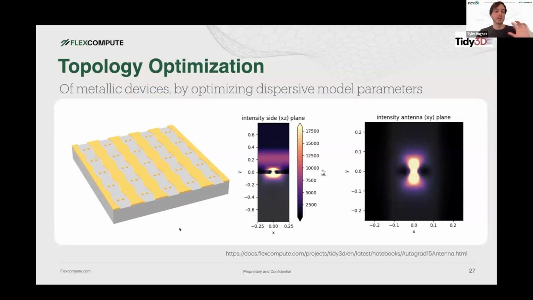Then we do the optimization, changing each pixel between air and this dispersive model. So we do some linear interpolation between a metal and air. And it's really cool because then you can evolve these plasmonic devices like this. So this is enhancing the focusing efficiency here, designing a bow tie antenna. And this is a state-of-the-art technique in topology optimization.